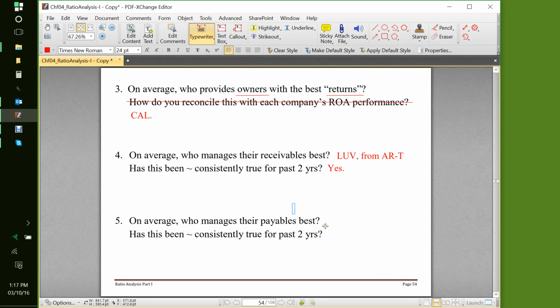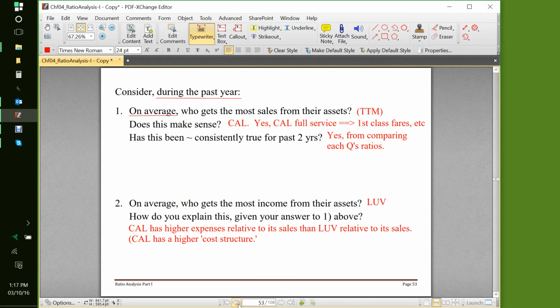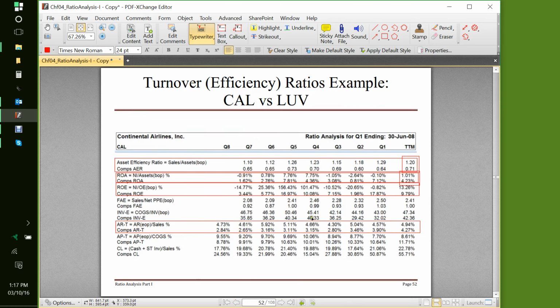Okay. On average, who manages their payables best? So that's going to be the accounts payable turnover ratio, which happily is right here. Okay, now accounts payable, remember, bigger is better for that.